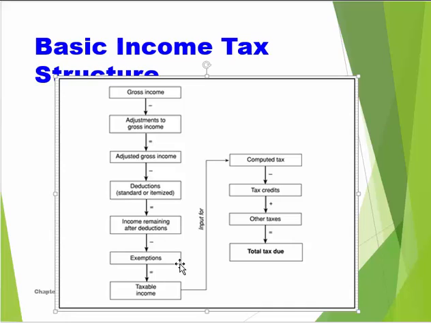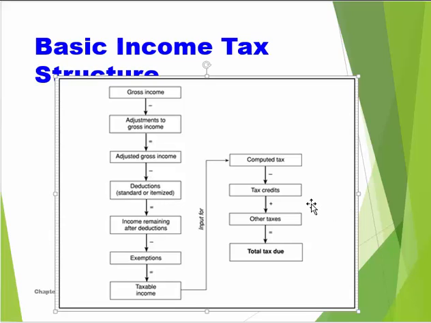You figure out the tax, and then you determine whether we have tax credits. These are, again, sometimes just transactions, certain events that happen in our lives, but the government allows us to reduce our tax burden dollar for dollar based on these credits. So which would you rather have, a tax credit or a tax deduction?